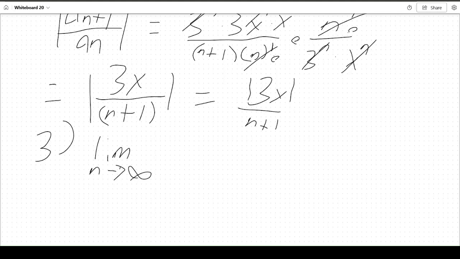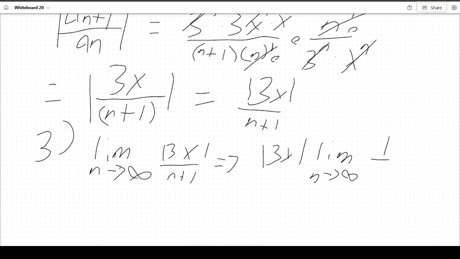But in this case, we have to take out the x or whatever is associated with the x. So in this case, it's 3x. We can take out the absolute value of 3x, and we have our limit. This would just be 1 over n plus 1.